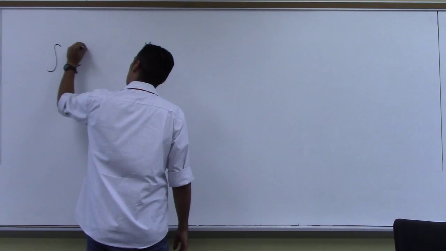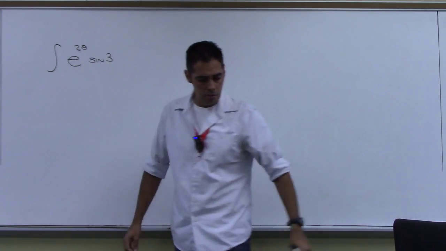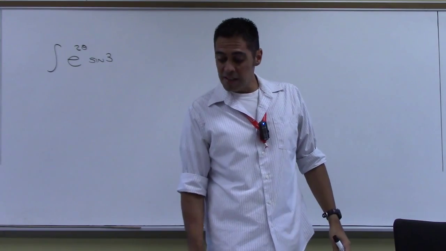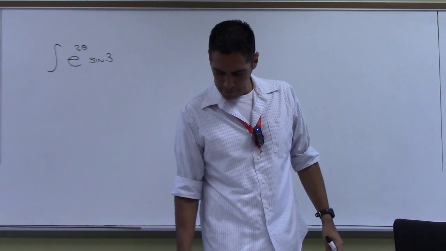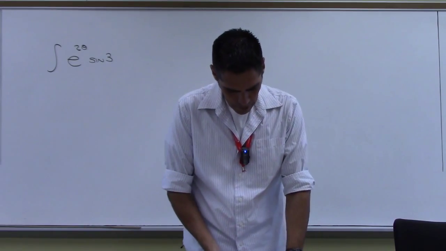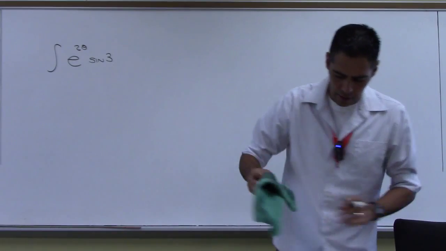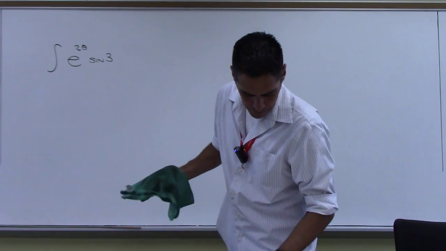E to the 2 theta sine, not this one? Oh, 6.2. I'm sorry. Oh, that one had a tangent in it. Okay, so you probably didn't like that, did you?